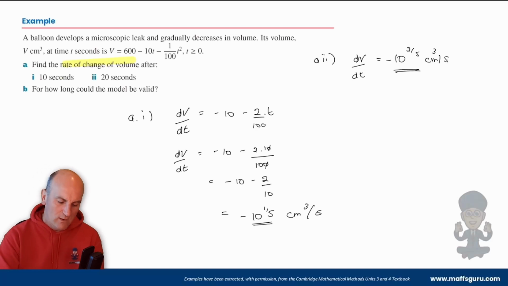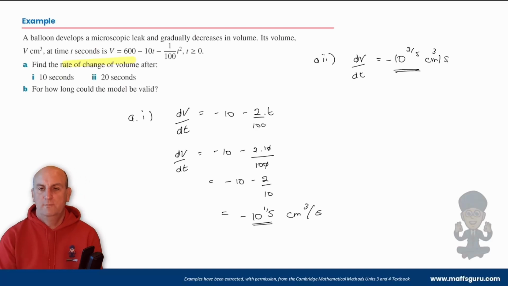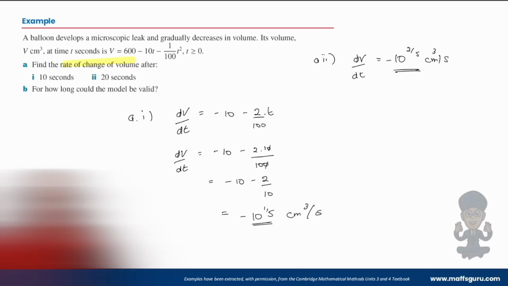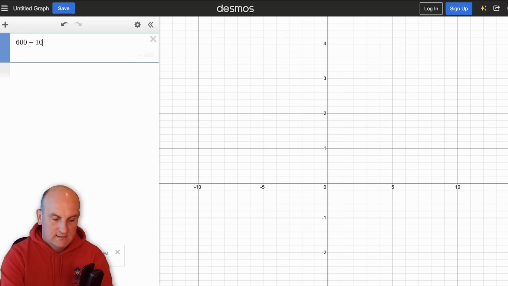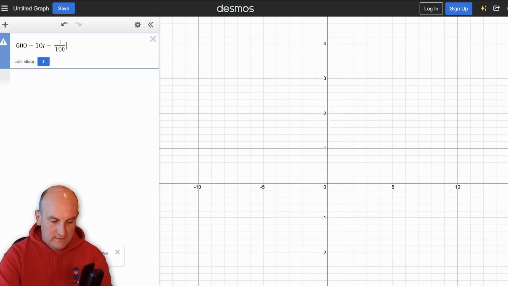Now, it says how long could the model be valid? Now, again, in this situation, believe it or not, I would fire up Desmos. Why would I fire up Desmos? Well, it makes life a lot easier if I can see what this looks like. 600 minus 10t minus 1 on 100 t squared. I'm so used to using the CAS calculator.